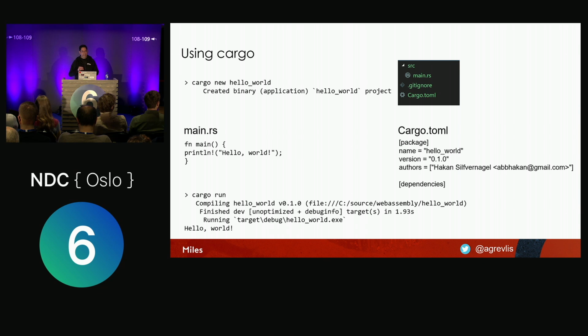At the minimum, we need to define the package name, the version, and also the authors, and also any dependencies that we have. We're going to be talking a little bit more about these dependencies that we can have on other crates. And in order for us to run this, we just run cargo run, and then it will compile our Hello World program. And then after that, it will run. So on a Windows system, again, it will produce an exe file that will run here.